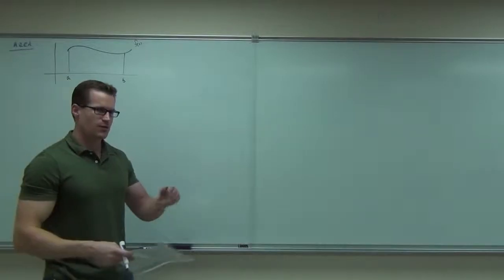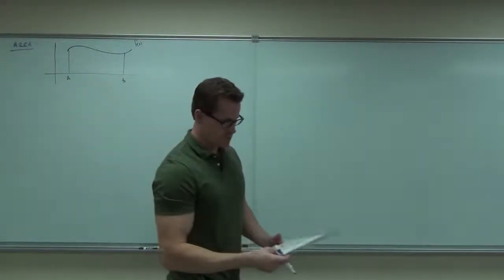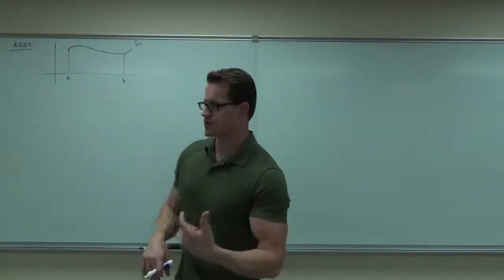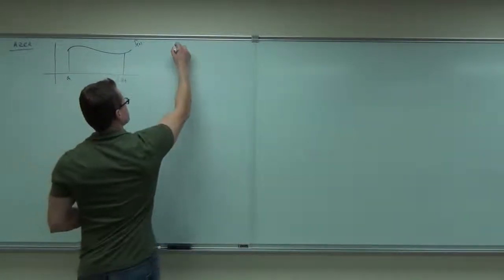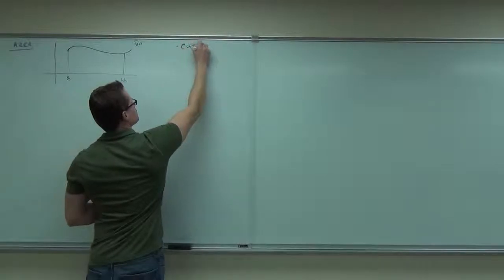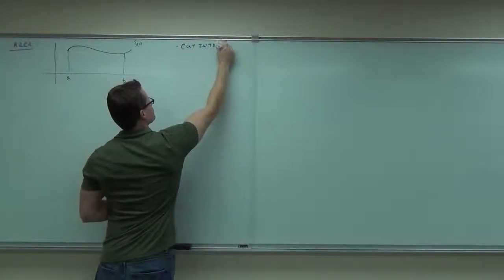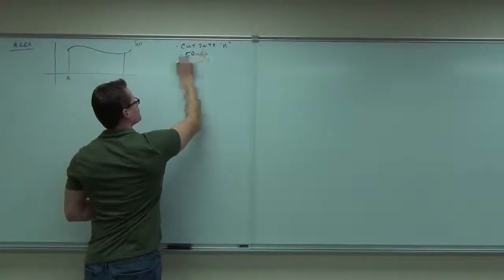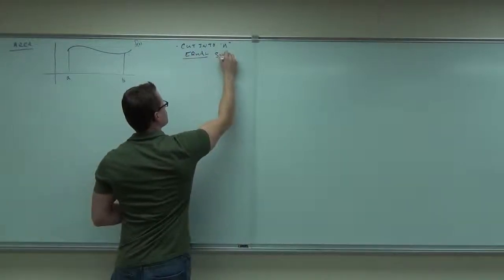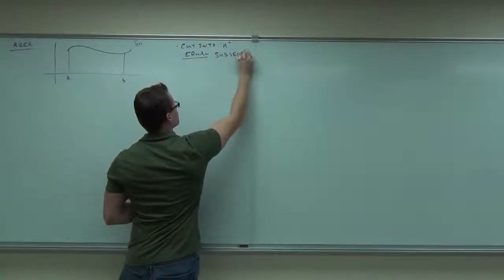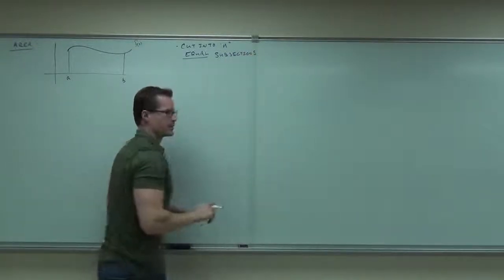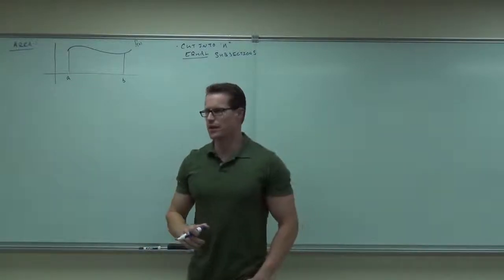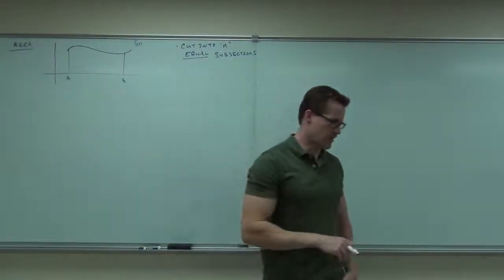The idea that I gave you initially was, what if we were to cut this space into n equal subsections? The fact that they're equal just makes them easier for what we're going to do next.